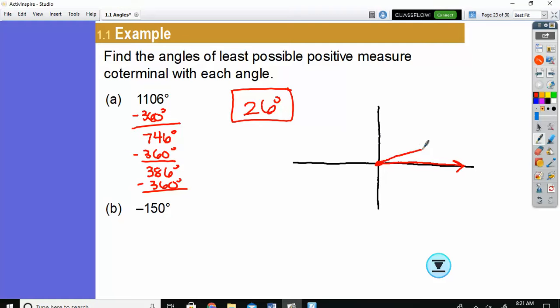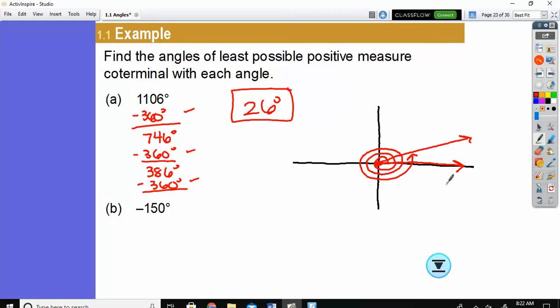We know that's 90, so halfway would be 45, so it'd be less than half. How many times did it go all the way around? Subtracted 360 3 times, so it would have gone all the way around 1, 2, 3 times, and then back up to our 26.